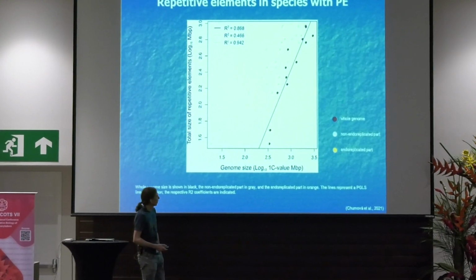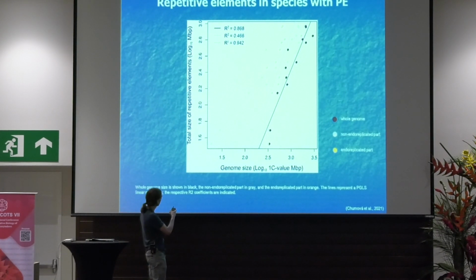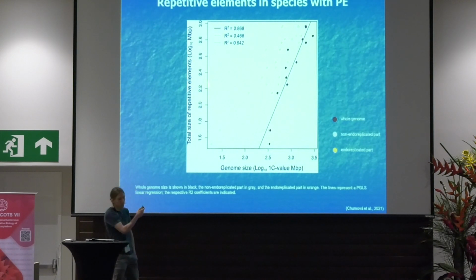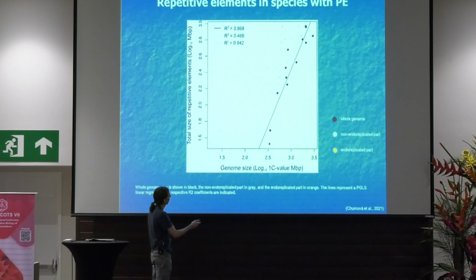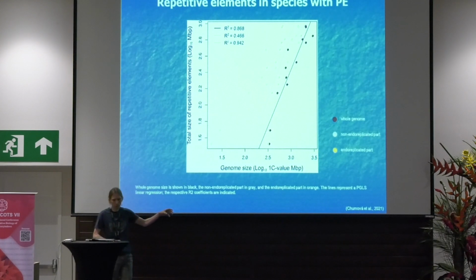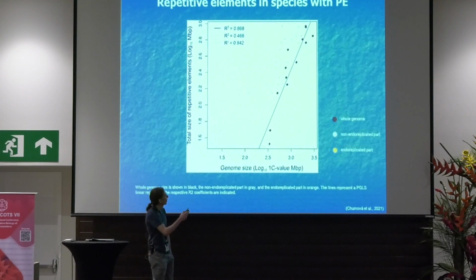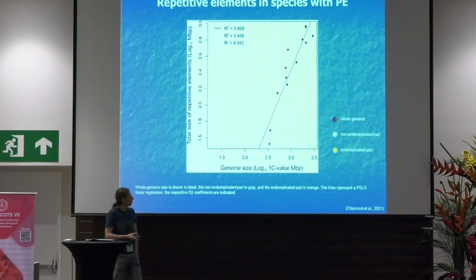And well, this is a little bit crazy picture, hard to understand, but very informative. So on the vertical axis, there is size of repetitive elements in genome, how large portion of genome is occupied with repetitive elements. On the horizontal axis, there is size of genome. And in the case of black dots, this is for the whole genome, just for species with partial endoreplication for now, but it's whole genome in the black. And there is some relationship. Well, why not?